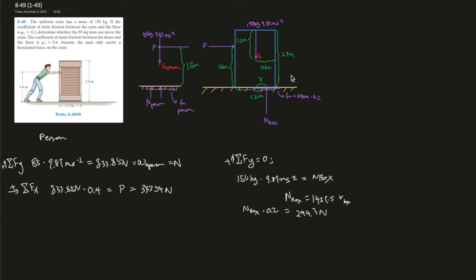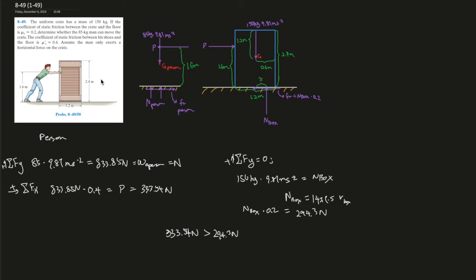This is the friction force over here. So if we compare these forces, the force that the human can exert, he doesn't have to put in all of it, but he can if he wants to try his full effort, 333.54 newtons, is bigger than 294.3.